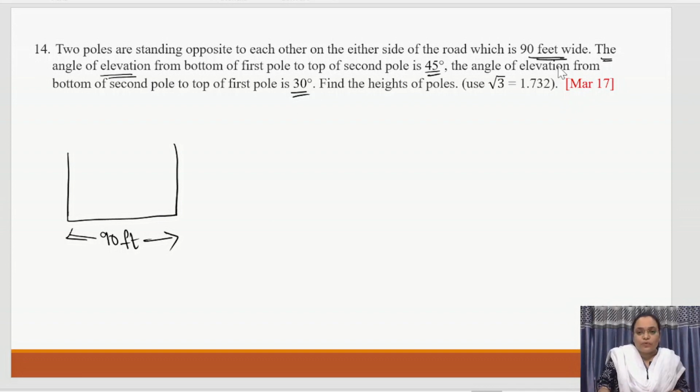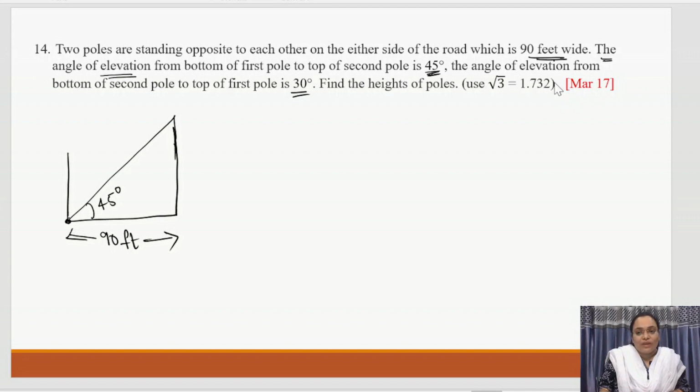See the question: the angle of elevation from the bottom of the first pole to the top of the second pole is 45 degrees. Clear?